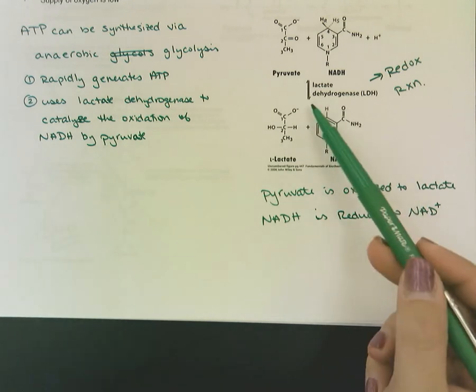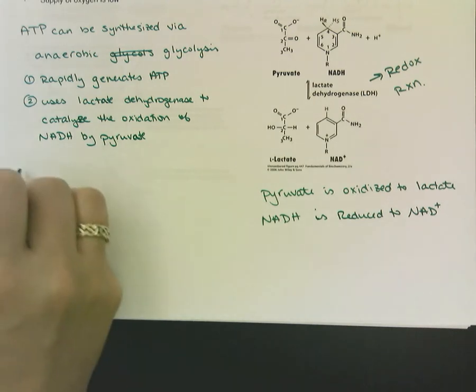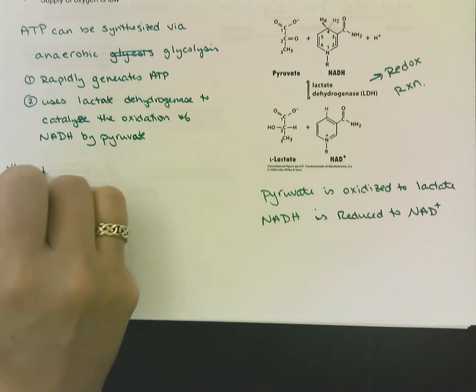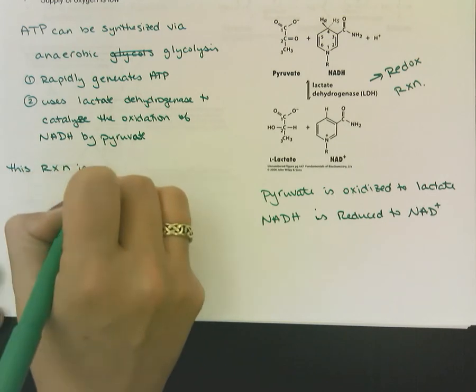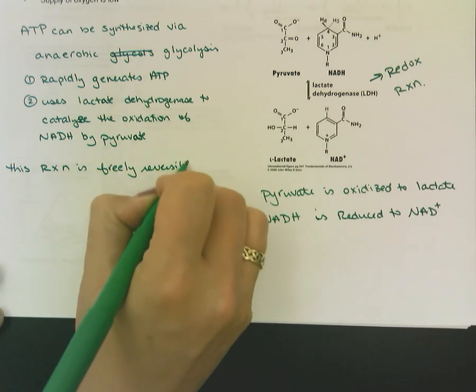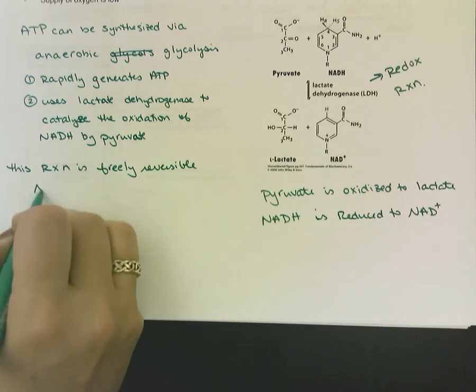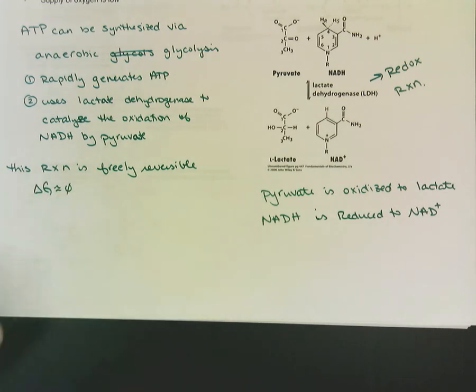What do these double arrows tell me about this reaction? What's my delta G most likely? It's going to be zero-ish. So this reaction is freely reversible, which means that delta G is about 0.